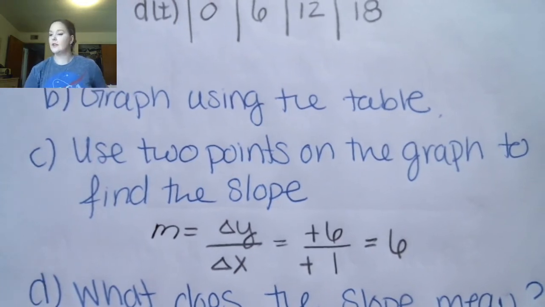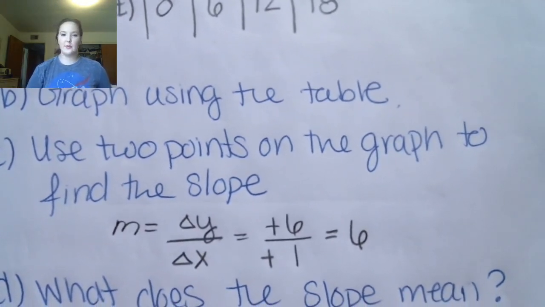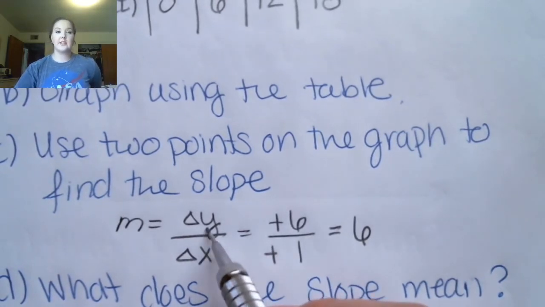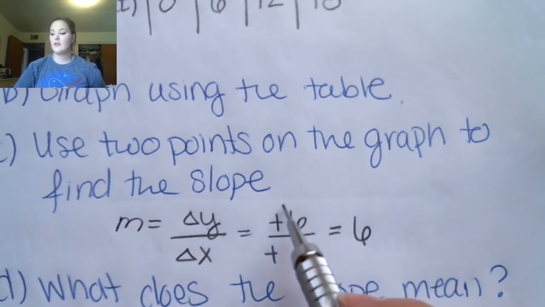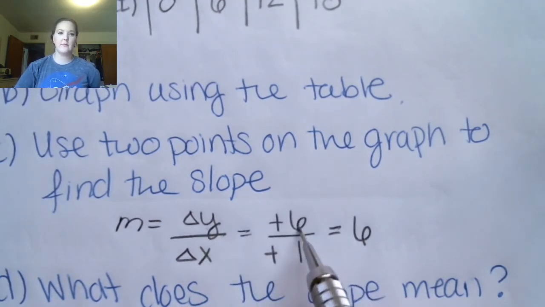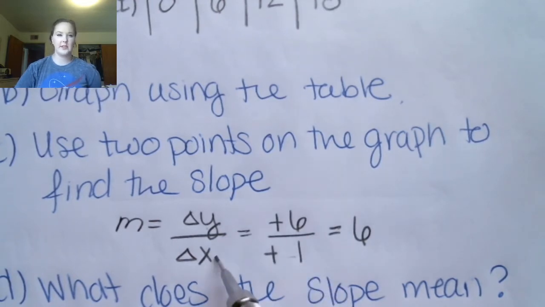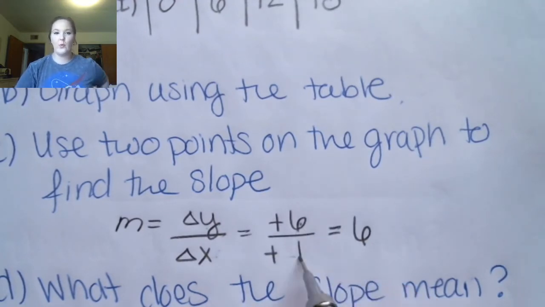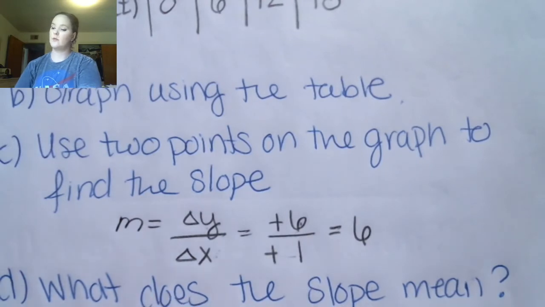Now it says, what does the slope mean? So remember what the y-type variable is. It's the distance. So she is increasing her distance 6 miles for every one, what was this? Remember the x-type variable is time. So she's going 6 miles for every 1 hour. So what does that mean?